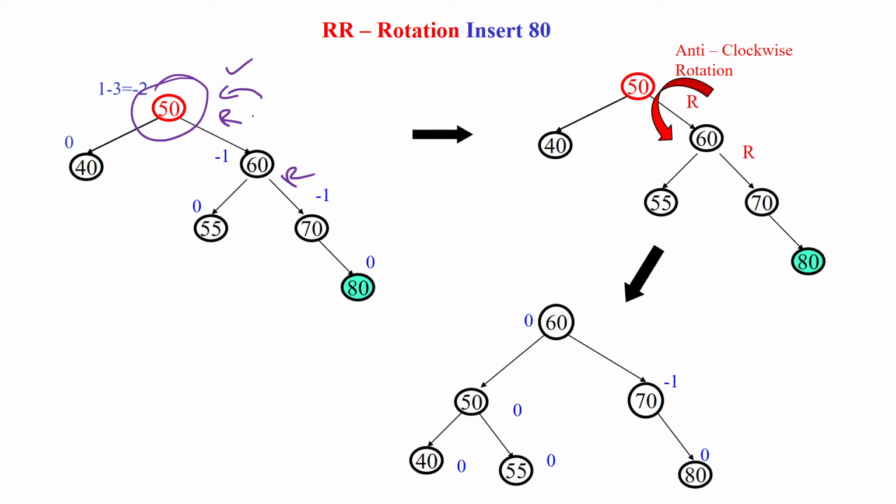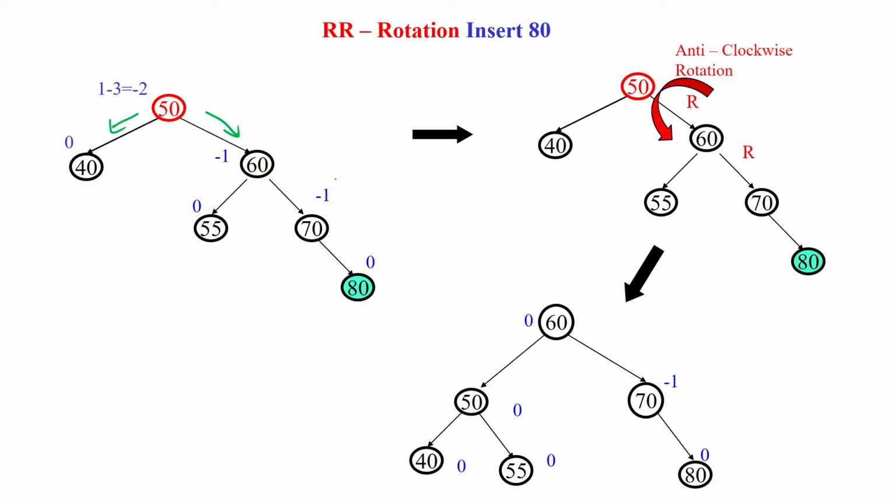When you are performing the RR rotation in anti-clockwise, the top node 50 will become a child. When 50 becomes a child, we should take care of the children of the 50. Here 50 has two children, and 60 also has two children.